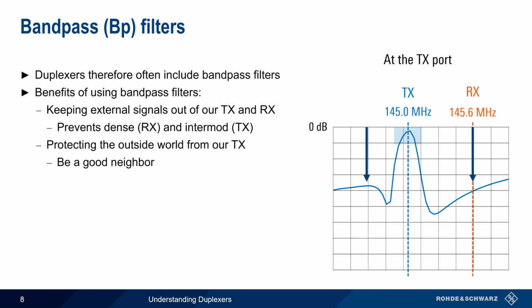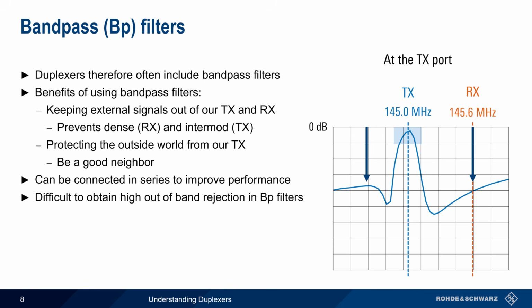Like band reject or notch filters, bandpass filters can be connected in series to improve performance. Note, however, that it's difficult to obtain high out-of-band rejection using only bandpass filters. This would require cascading additional filters and/or larger filters.